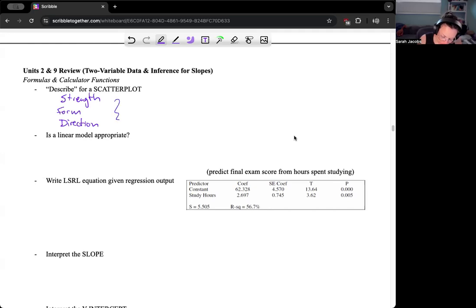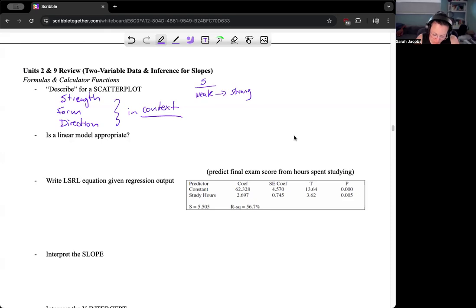And always in context, context, context, context. So, strength can be weak to strong, and it can be moderately strong. It can be a clear relationship without being terribly strong. Like you can qualify that.